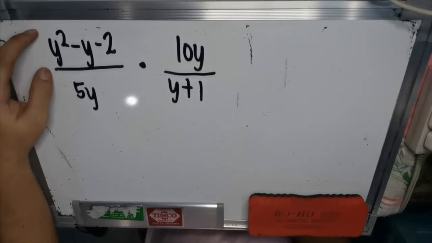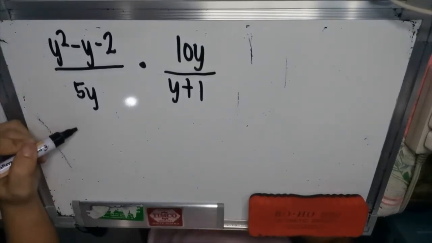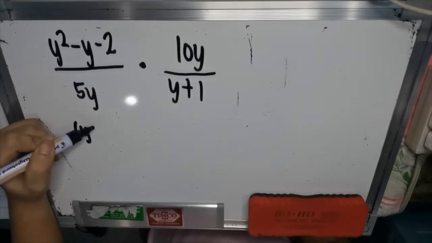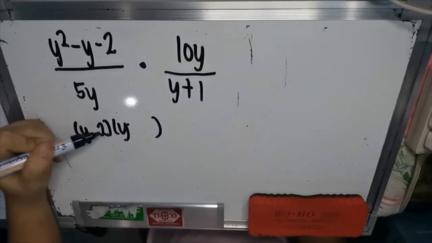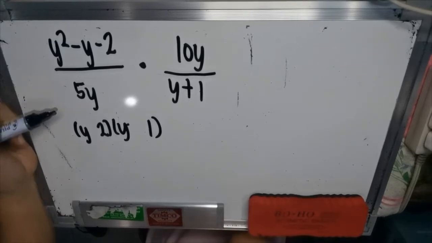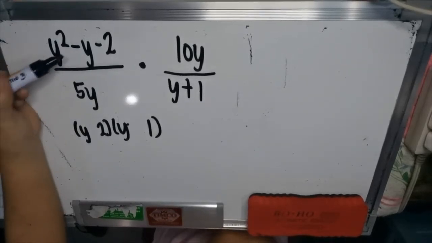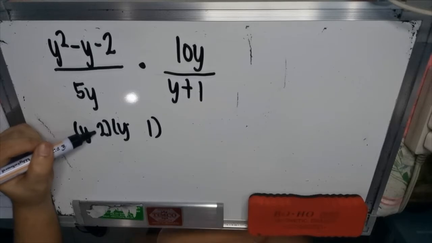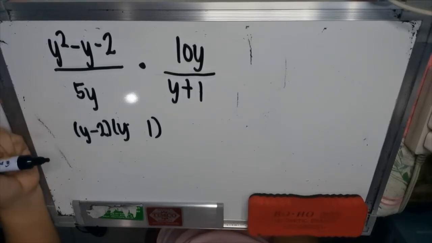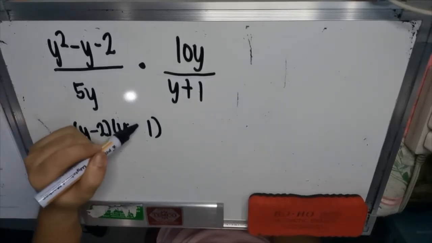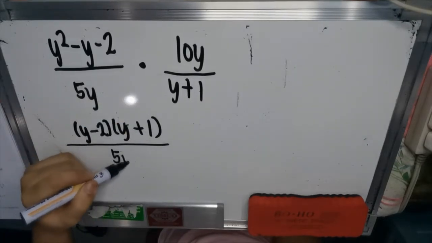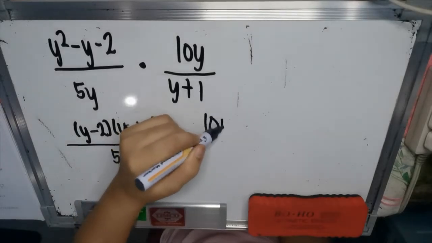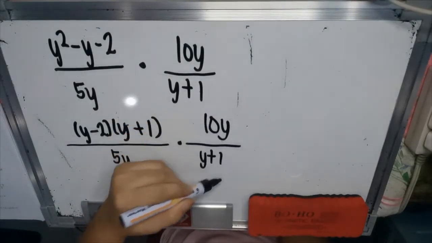Since ito ay factorable, so magiging y minus 2 and y plus 1. So since ang middle term natin is negative, mas malaki dapat yung value ni 2, so sa kanya ang negative. And then, ito magiging positive. Yan. Over 5y times 10y over y plus 1.